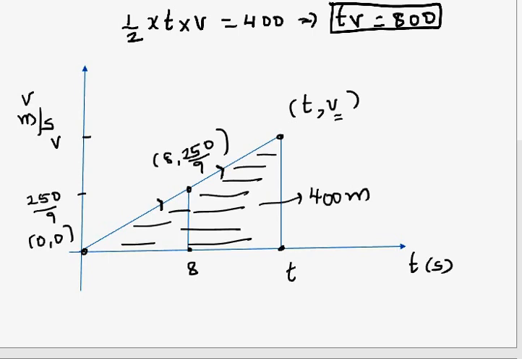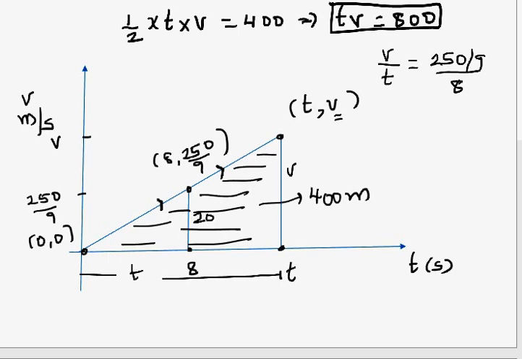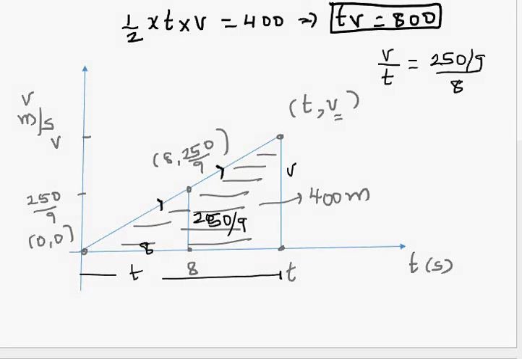We can say v on t is the same as 250 on 9 divided by 8, so velocity on time is 250 on 72.